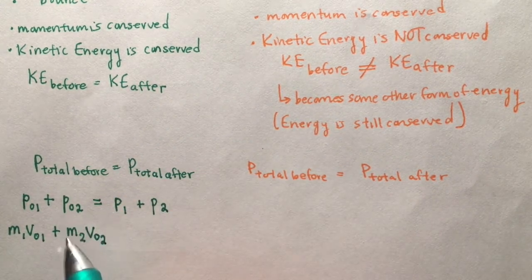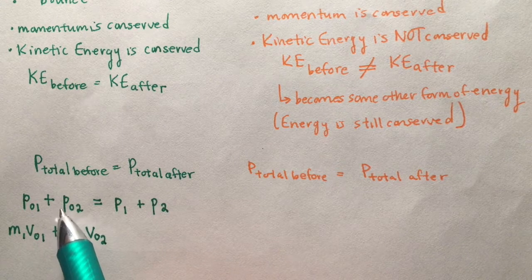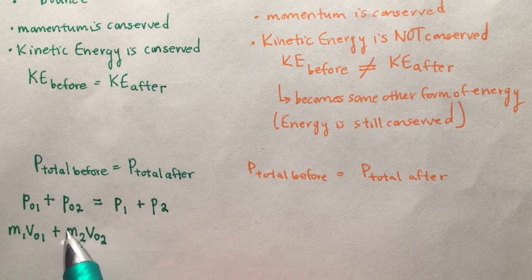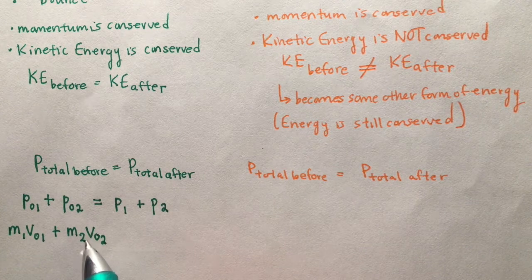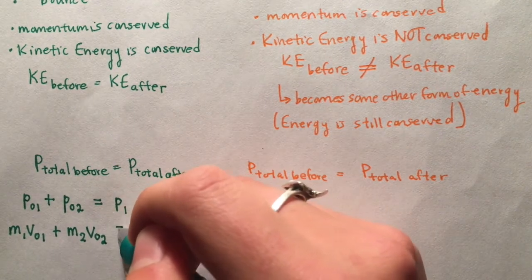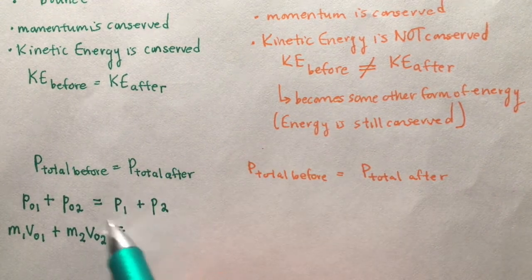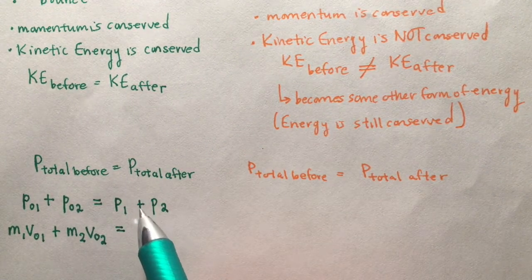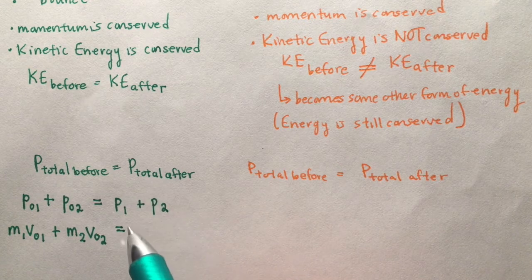Remember, momentum is mass times velocity. The initial momentum of object 2 is m2, mass of object 2, times the initial velocity of object 2. That is all equal to the final momentum of object 1 plus the final momentum of object 2.